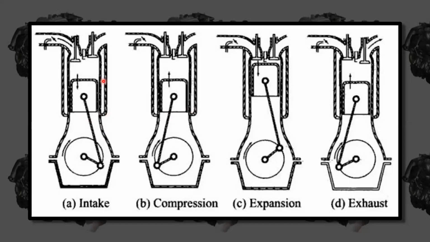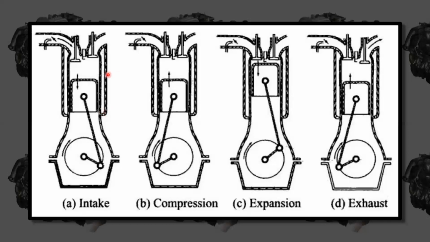Within the intake stroke, the piston is at top dead center and it is going to travel downwards towards the crankshaft, that is, towards the bottom dead center. If it reaches from top dead center to bottom dead center, the intake stroke is going to complete.